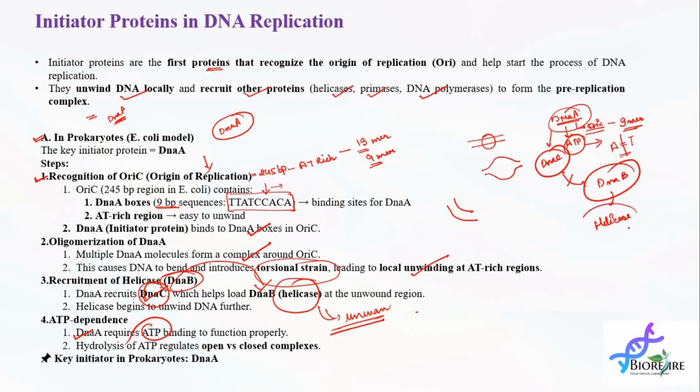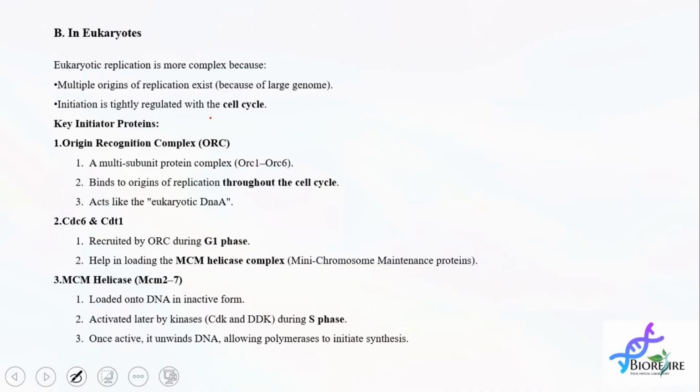Helicase is an enzyme, it helps to unwind the DNA. Okay, this is the initiation process of prokaryotes, and in this initiation process, DNA A is the initiator protein, and it is the signature protein of this step.